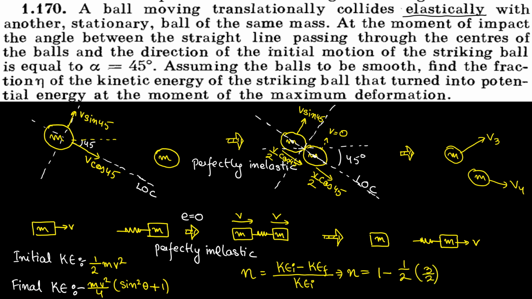And 3 by 2 into 1 by 2 is 3 by 4, so the answer is 1 minus 3 by 4, equal to 1 by 4. So 1/4 of the initial kinetic energy would be converted to deform the body, or is used to deform the rubber balls.